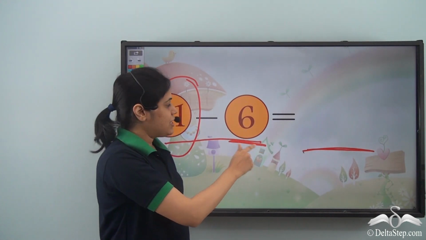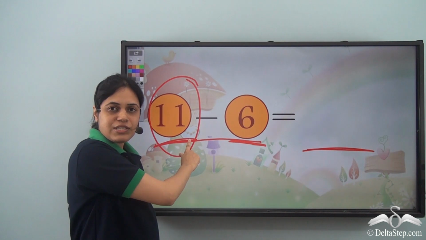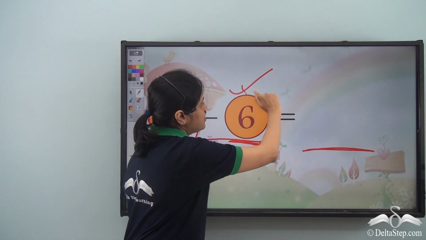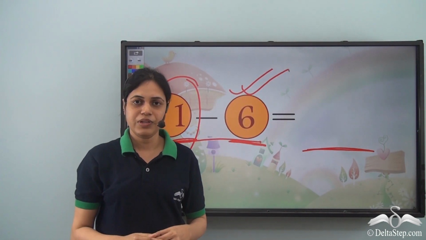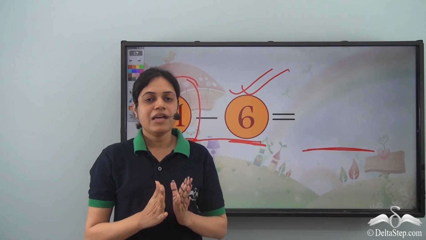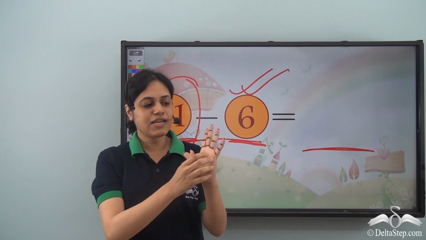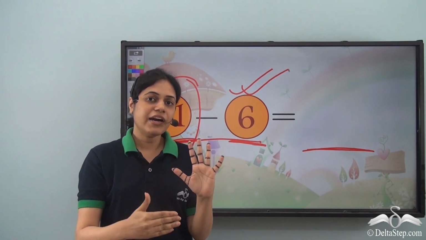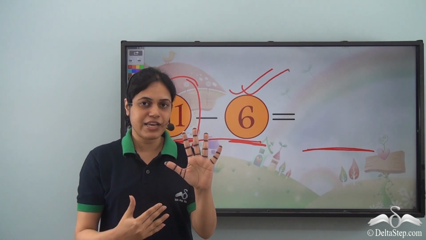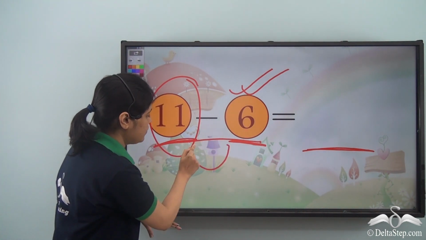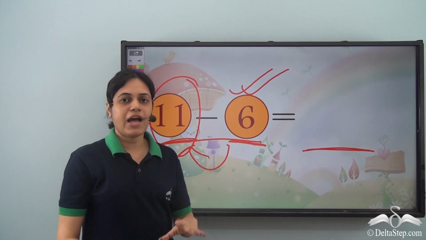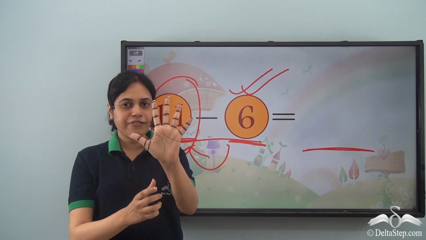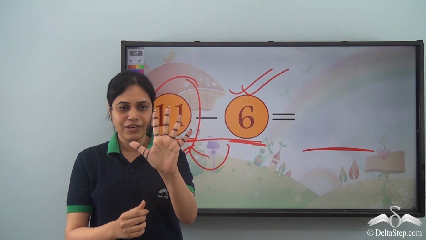In this case, instead of the first number, first take the second number. Take 6. Starting from 6, start counting finger marks. That is after 6. Start counting finger marks after 6 and go till 11. I'll show you how. So after 6, what comes? 7.